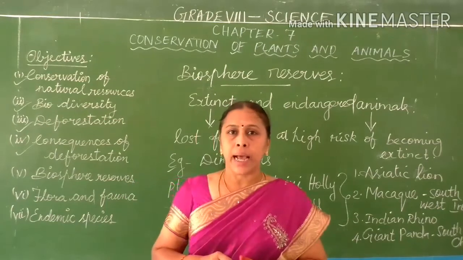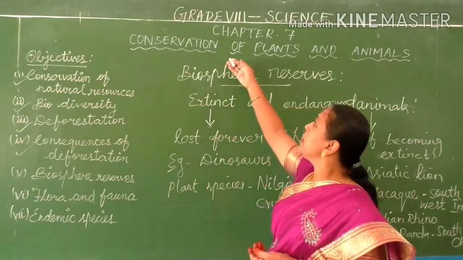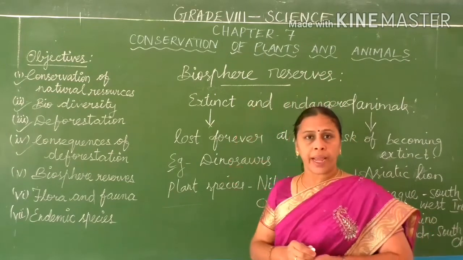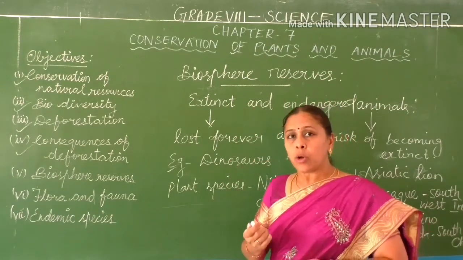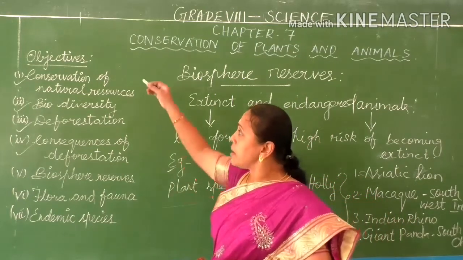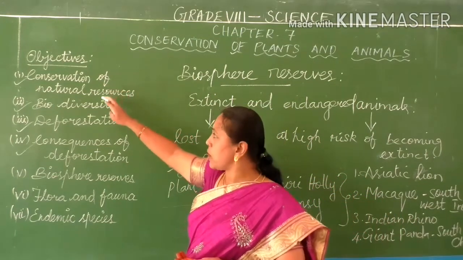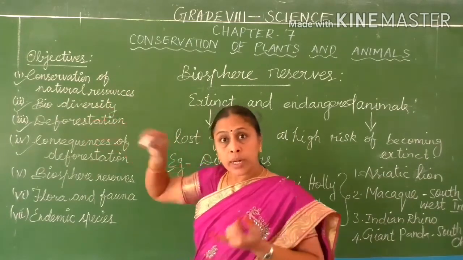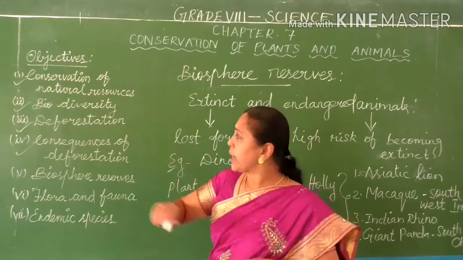So in this new chapter, conservation of plants and animals, we discussed various points. I think all of you understand this very well. That is conservation of natural resources. Why should we conserve? Biodiversity. What is biodiversity? Why should we conserve them?